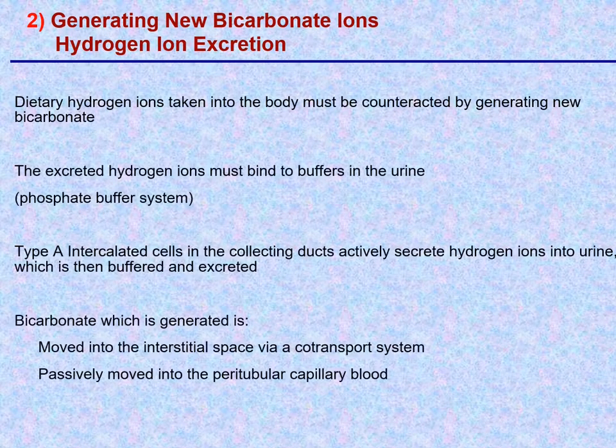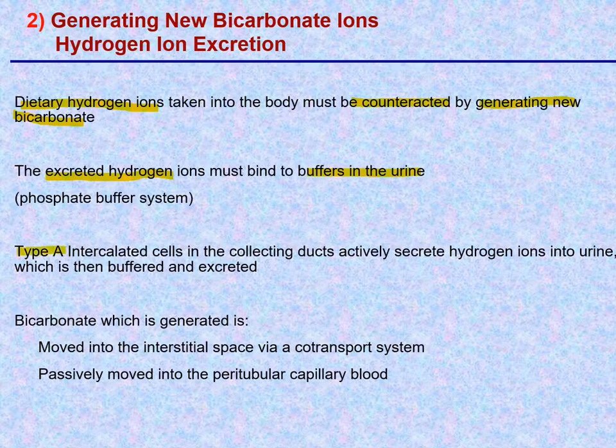Hydrogen ion excretion involves the hydrogen ions. You're taking in hydrogen ions in the diet, and that intake has to be counteracted by generating new bicarb molecules. They need to be excreted out and they bind to buffers in the urine.